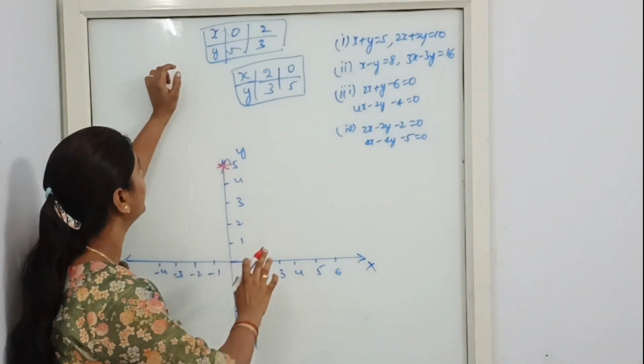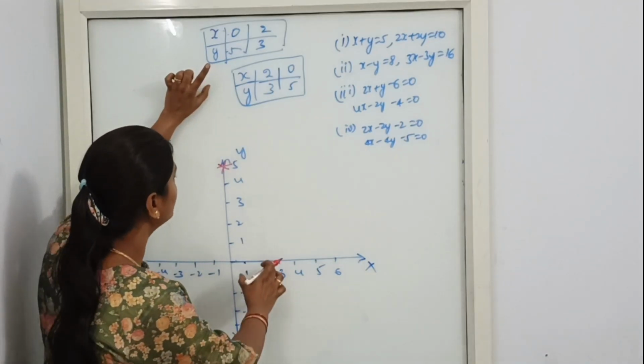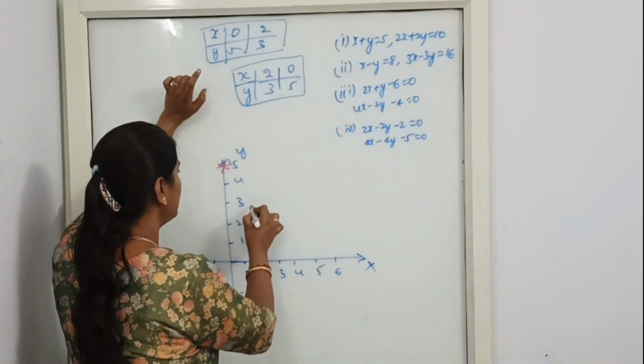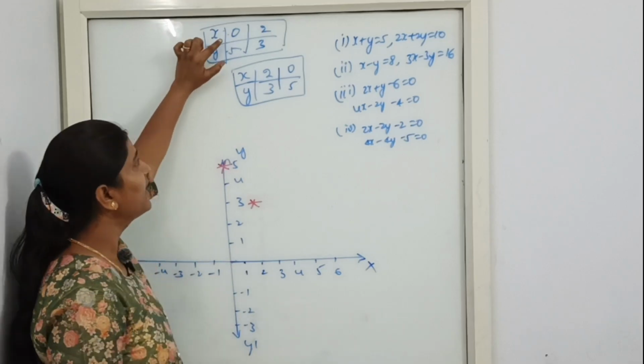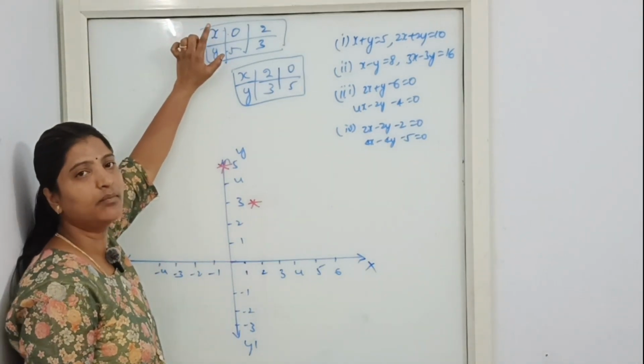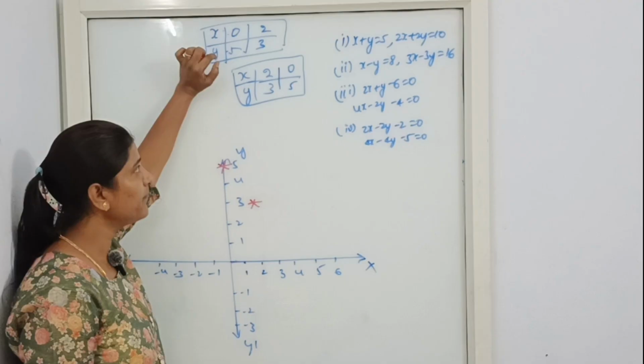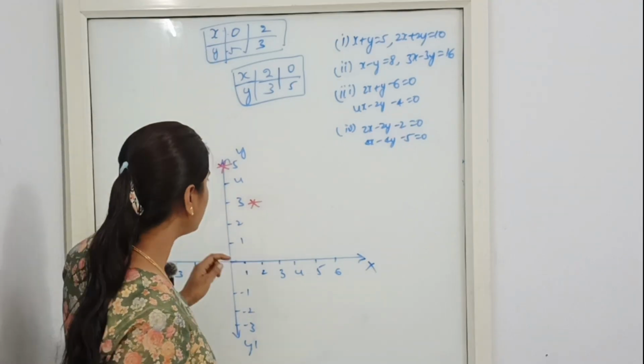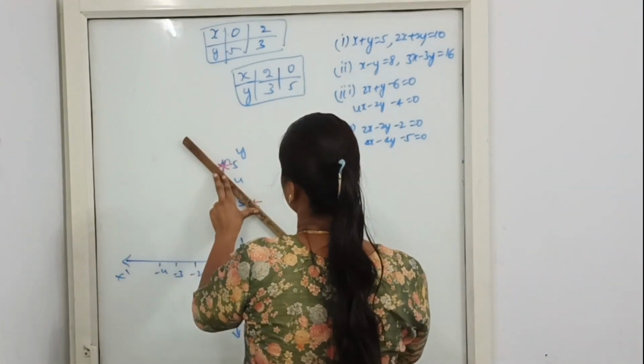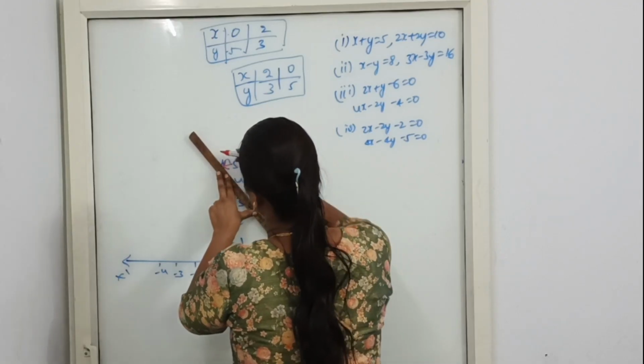And x is 2, y is 3 means this one. See, if any coordinate is 0, then the point lies on an axis. And here join that first. We got these two points, no? Join them.